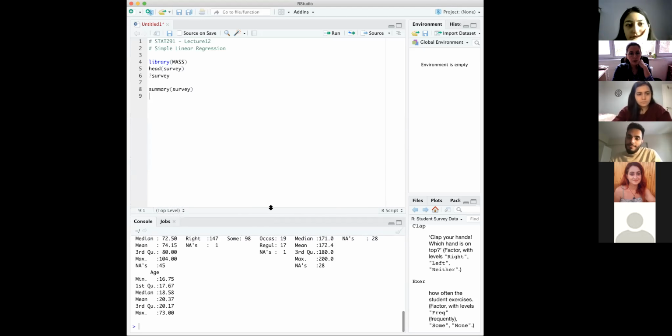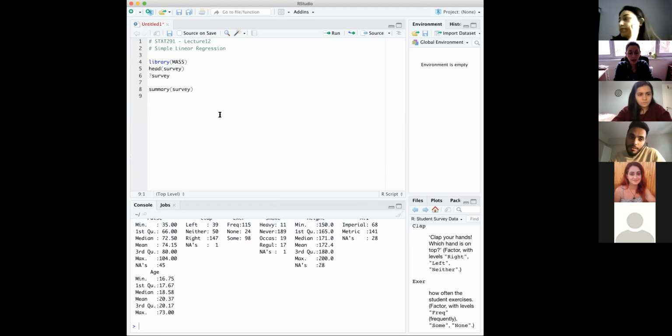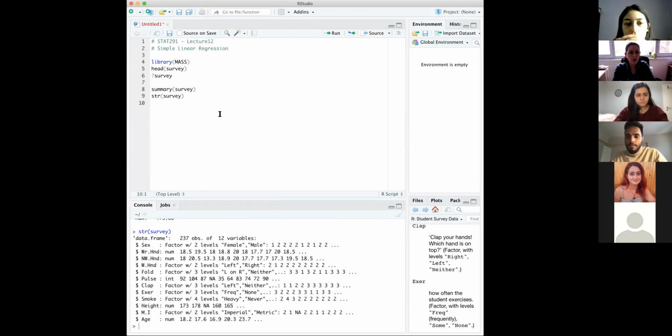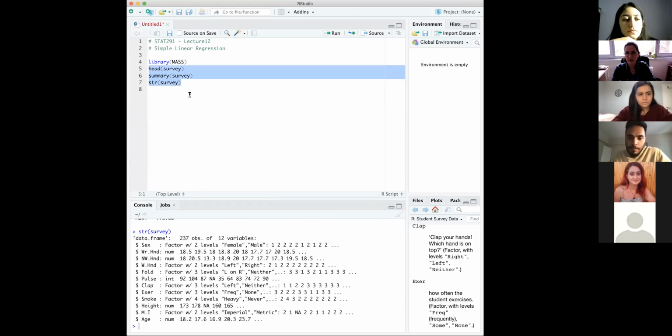And also, maybe you remember that we were using str to see the structure of our data set, okay? And here is our data set. You can just see the structure of your data. And these 3 guys, these are your starting team: head, summary, and str. That can be the first step when you want to understand your data, okay?